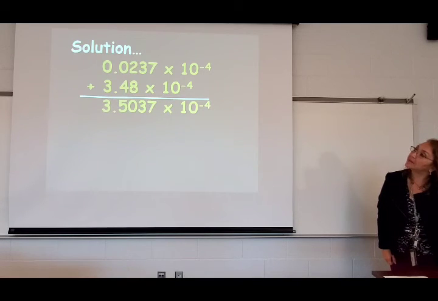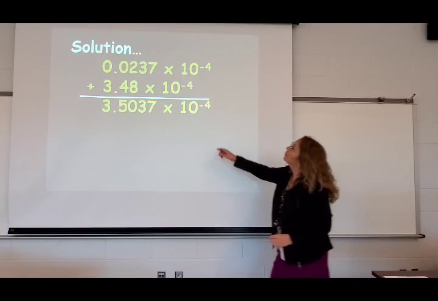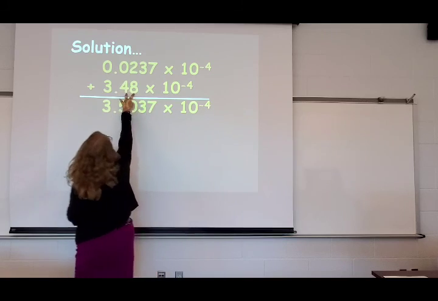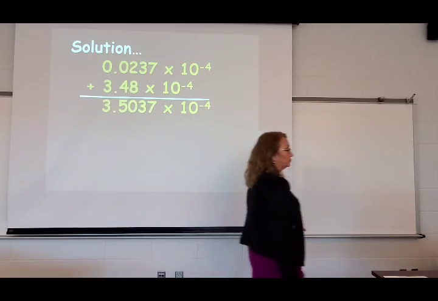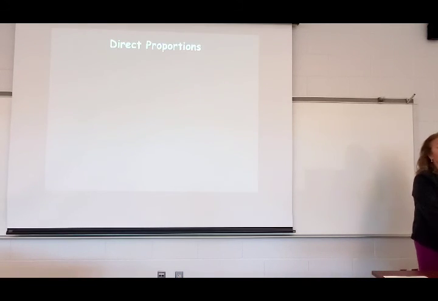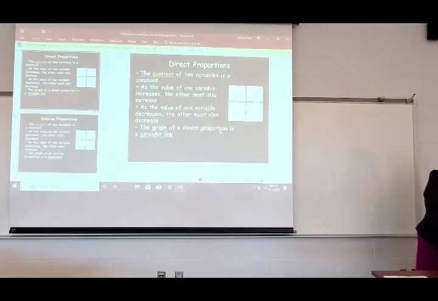And you add it, and there's your answer. Now, don't forget your sig figs. Since we are adding, we can only have 2 decimals, right? So it would actually be 3.50. And that is how you do scientific notation.